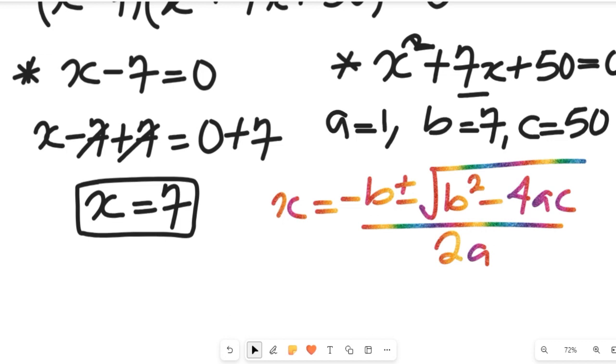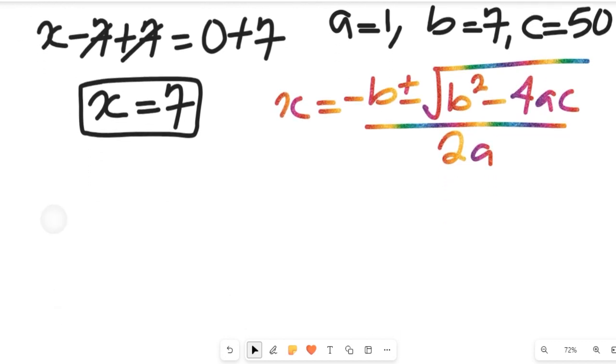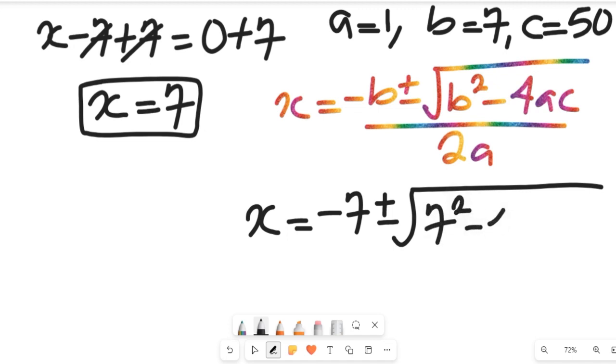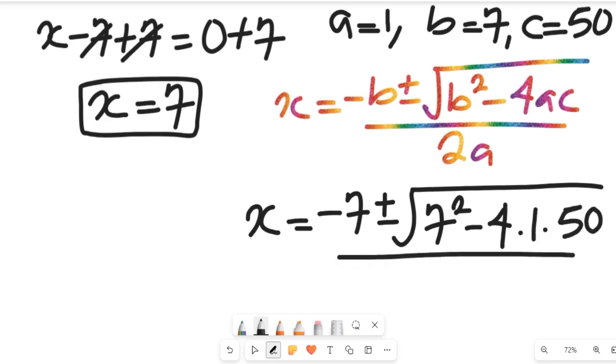To simplify this, we substitute the values of a, b, and c into that expression. So we'll have x equal to minus 7 plus or minus the square root of 7 squared minus 4 multiplied by 1 multiplied by 50, divided by 2 multiplied by 1.